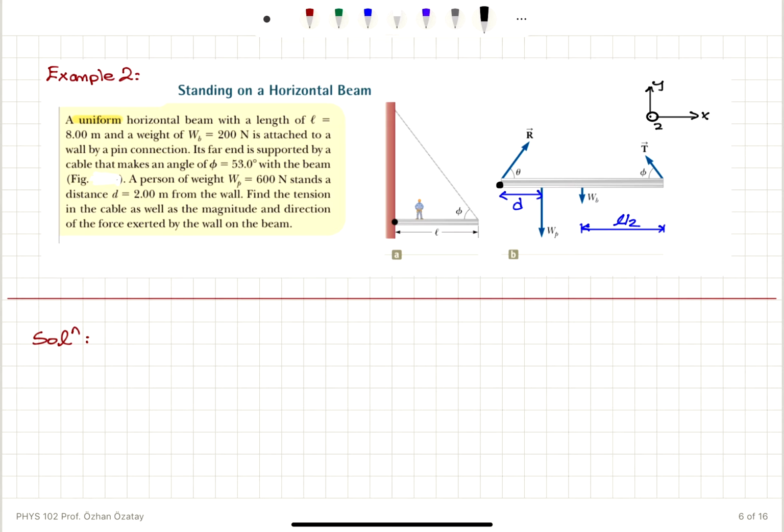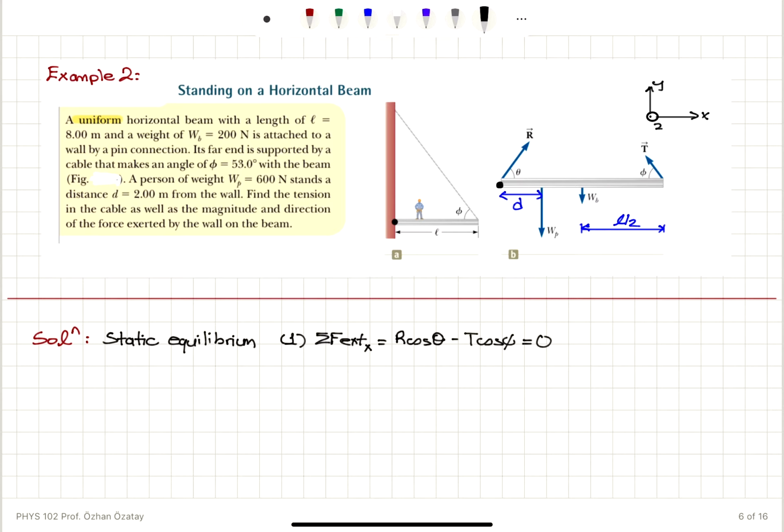So basically, I will write the static equilibrium conditions. So the static equilibrium, remember, first requirement is translational equilibrium. So if I write the net force x components, they should add up to 0. So I see that R has an x component, R cosine theta. T has an x component, T cosine phi. So R cosine theta is in I hat direction, but T cosine phi is in minus I hat direction.